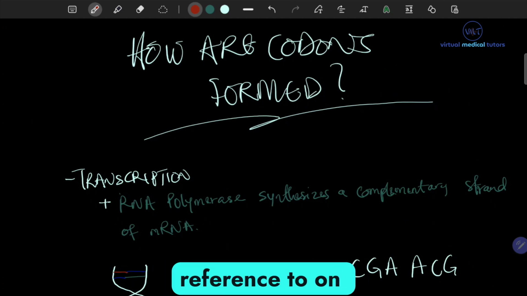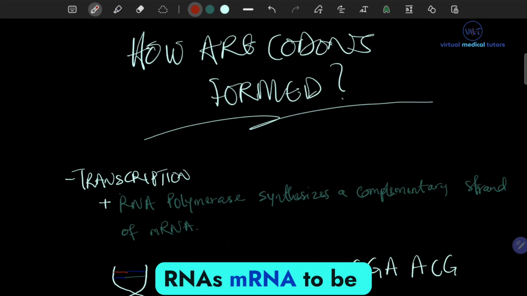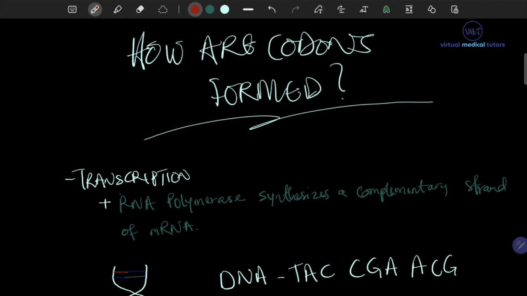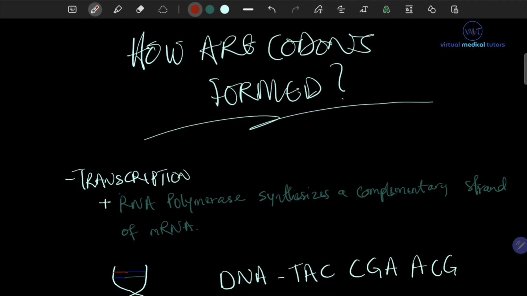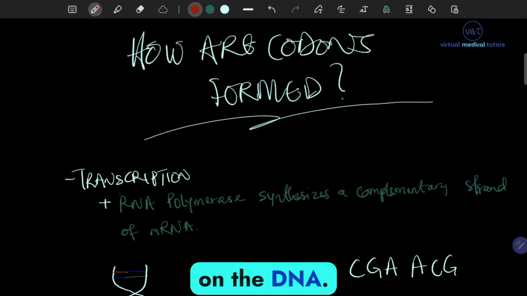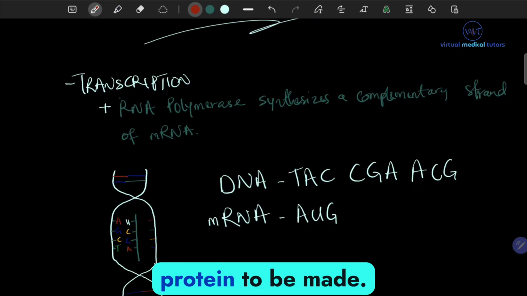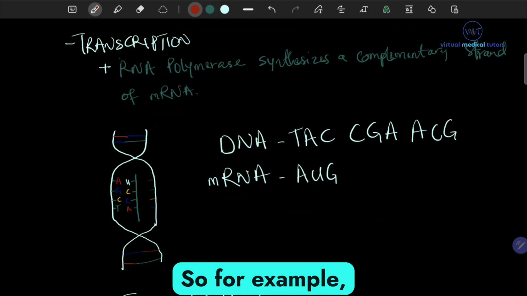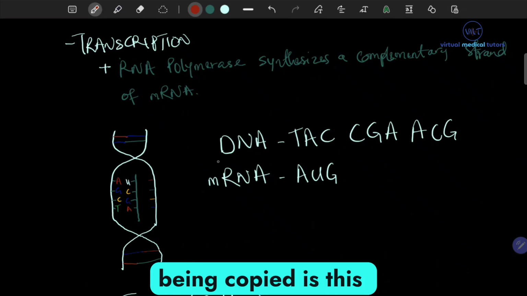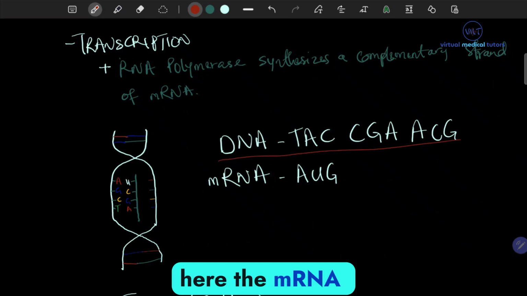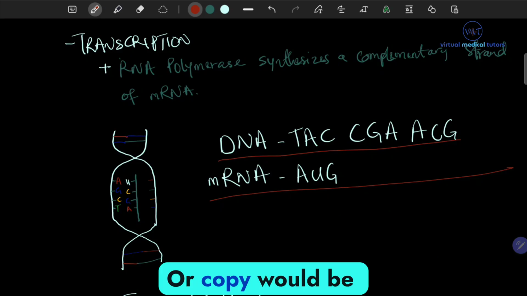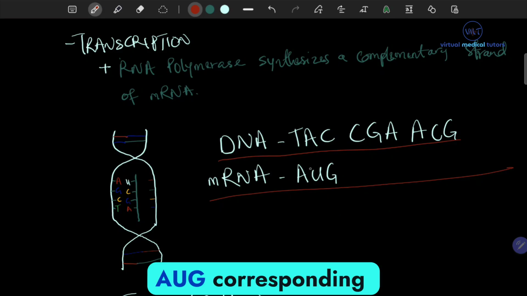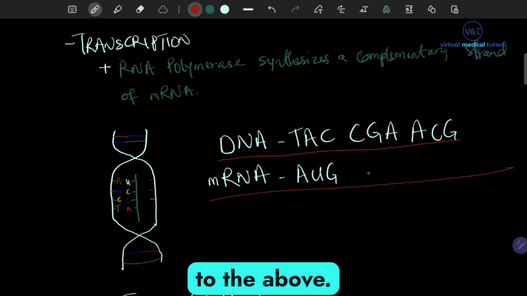Now, codons are referenced on RNAs, mRNA to be specific, and mRNAs are made through the process of transcription. The mRNA copies the code from the segment of interest on the DNA for the desired protein to be made. So, for example, if the DNA segment being copied is this here, the mRNA segment or copy would be AUG corresponding to the above.